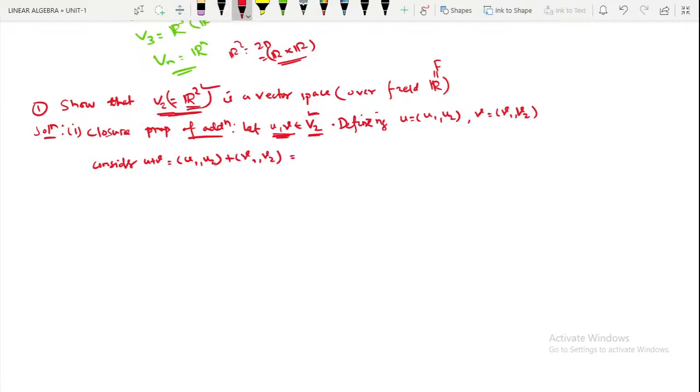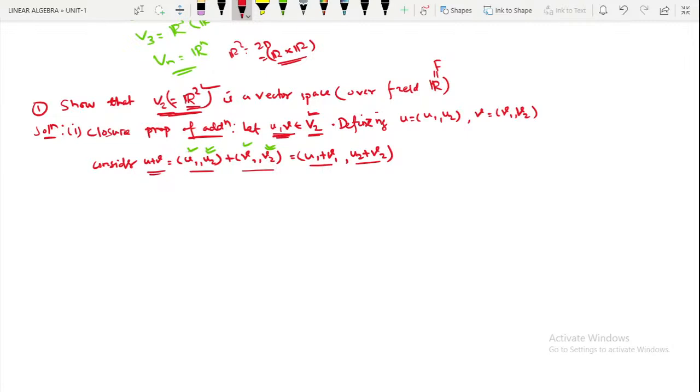If we add these two ordered pairs, we know the addition rule in the 2D system: you have to add the first coordinate with the first coordinate and the second coordinate with the second coordinate. So I can write this as (u1 plus v1, u2 plus v2). Here u plus v equals (u1 plus v1, u2 plus v2).